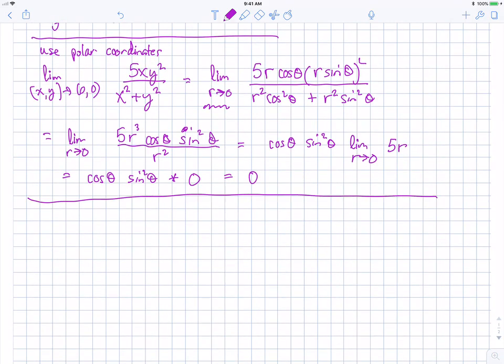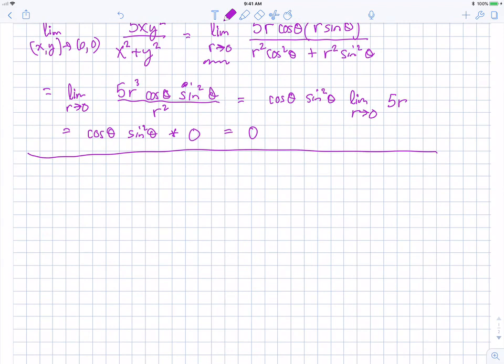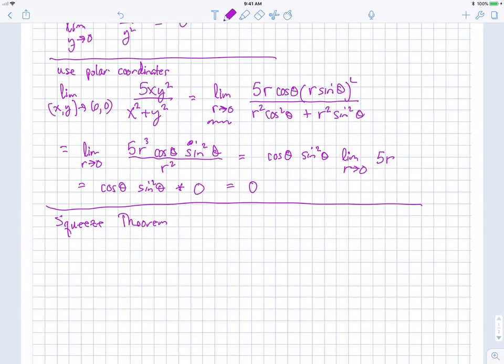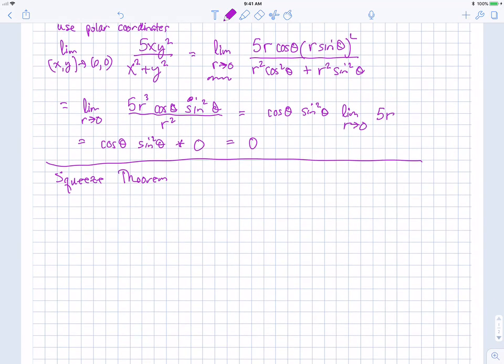A second way to approach this is to use the squeeze theorem. Since I think this limit may be 0, if I can squeeze the function between 0 and something else, or between two functions which are both going to 0, then that proves the function goes to 0 as x and y approach 0.